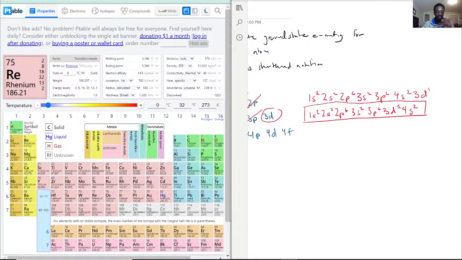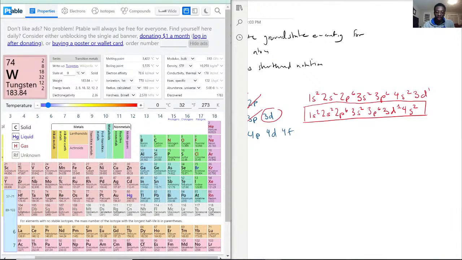Okay, so now for the noble gas notation. As we mentioned, all the way to argon, if we were to get the element of argon, we would be stopping at 3p6. So all of this will be the notation for argon. The goal of the noble gas notation is to start from the most recent noble gas and then work our way back up.